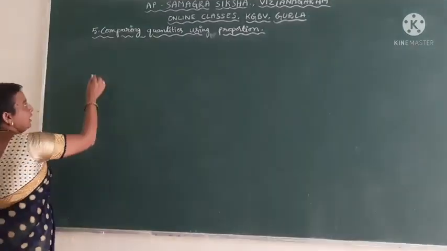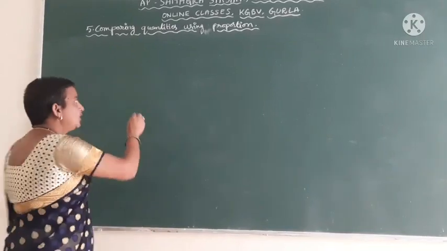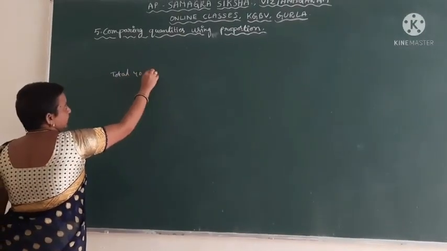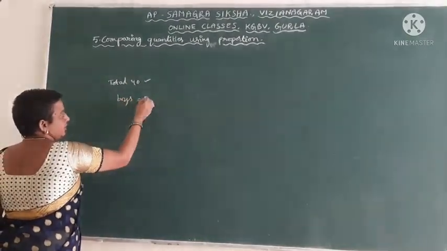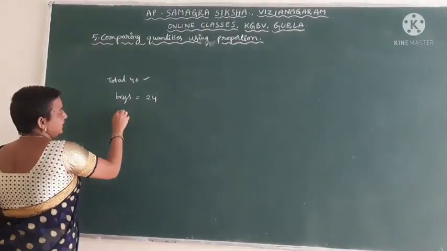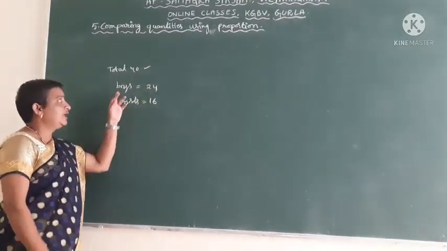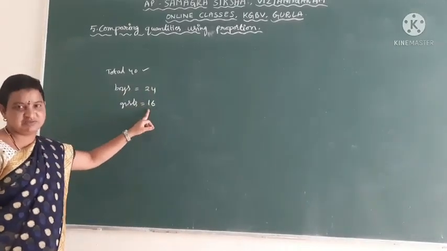In an 8th class, there are 40 students in total. In that class, boys are 24 and girls are 16.